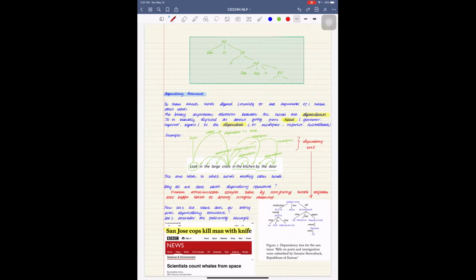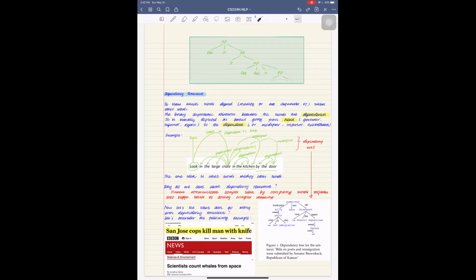Dependency structure shows which words depend on, modify, or are arguments of which other words. From now on, depend, modify, and argument basically mean the same thing. So what does depend mean here? Basically, one word is correlated to another word, or one word can be recognized as a child node in a binary tree of its parent node.